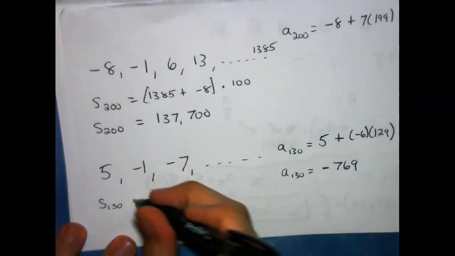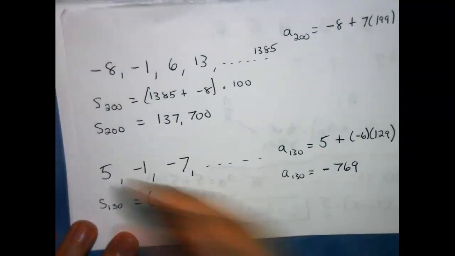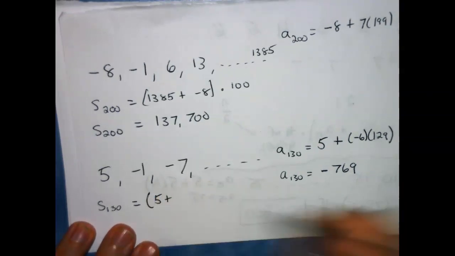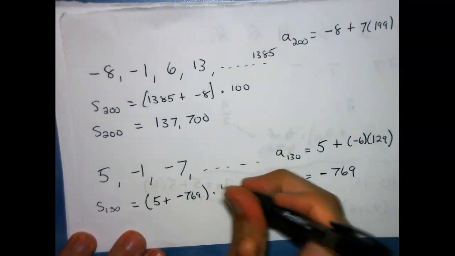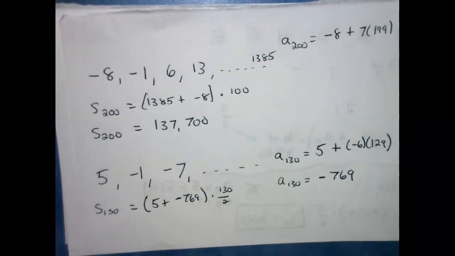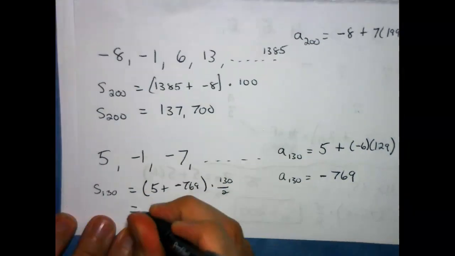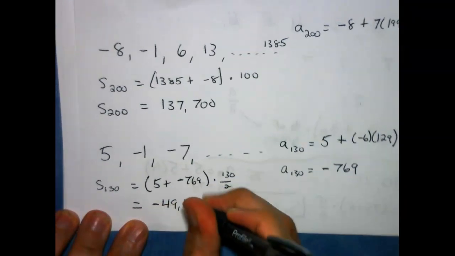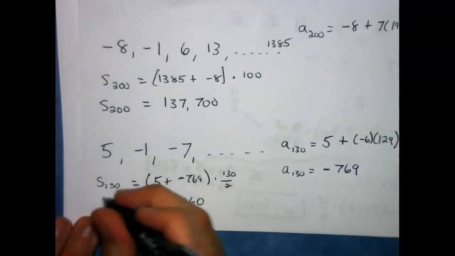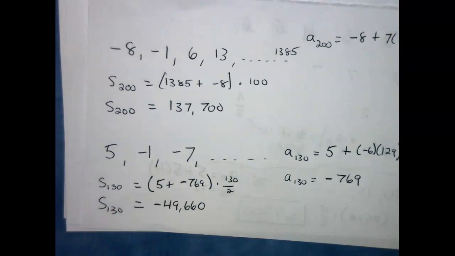Okay, so then my sum, take the first term plus that. Okay, and then it's times 130 divided by 2. Okay, now I just have, and I get negative, there you go. That's the sum of the first 130.